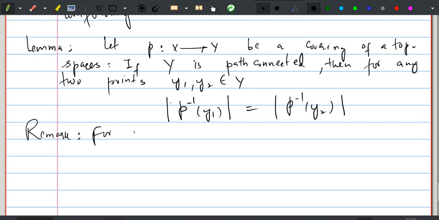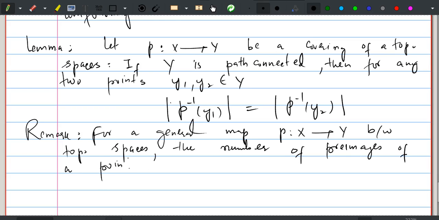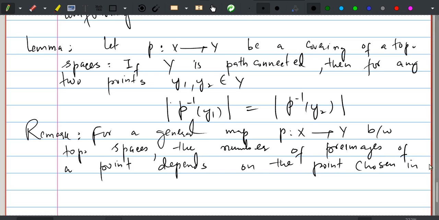For a general map, say P from X to Y between topological spaces, the number of pre-images of a point depends on the point chosen in Y.